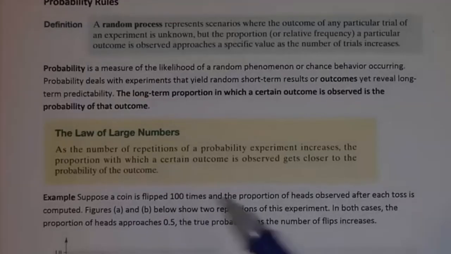By the law of large numbers, the proportion of heads is going to approach the true probability. Now, I may not get exactly 500 heads. I might get 497 heads, but I'm not going to get 200 heads if it's a fair coin. It's not impossible, but it's very, very, very unlikely. I am going to get close to 500 heads.